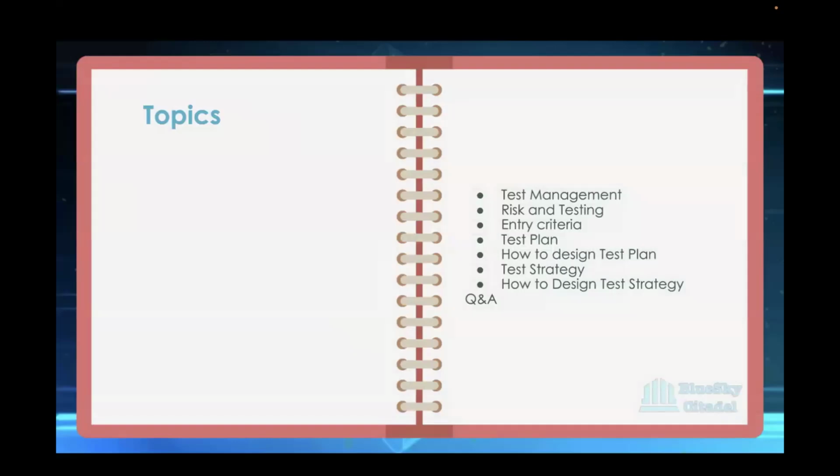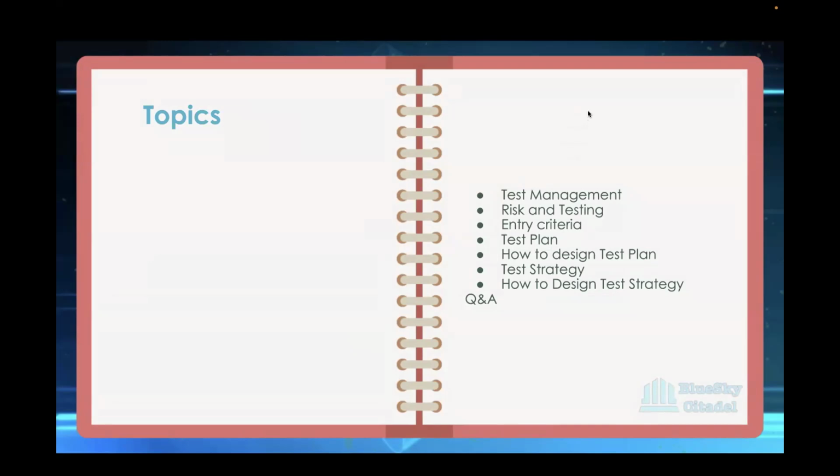This is the table of contents. These are the topics we'll be looking at tonight. I'll later drop this in the group chat so that those of you who would like to can have a look after the class for personal study. So we'll be looking at test management, risk and testing, entry criteria, and test plan.